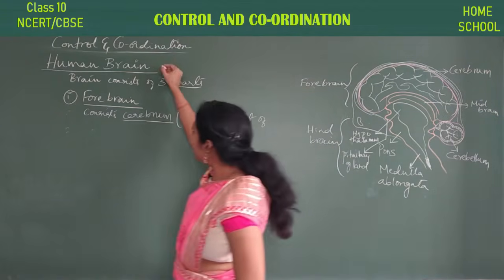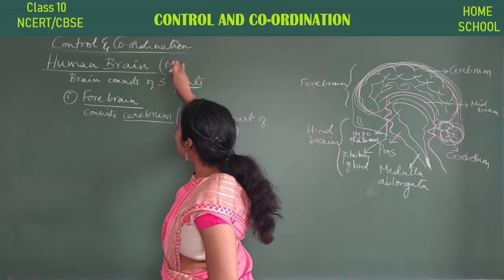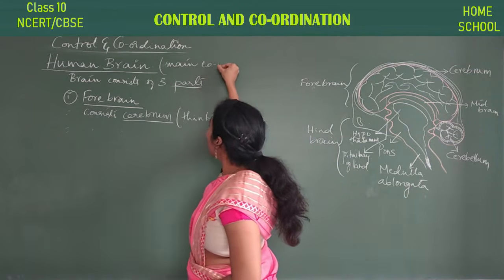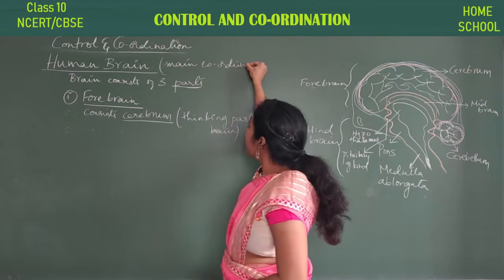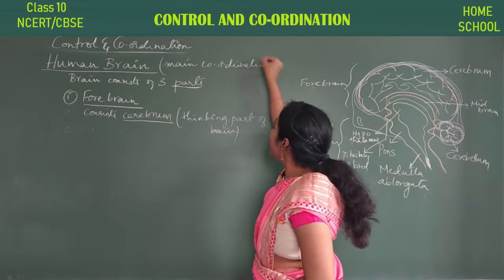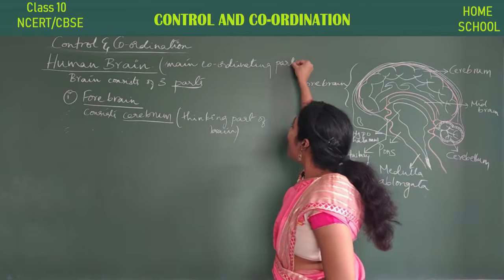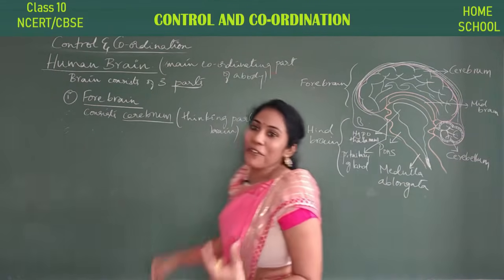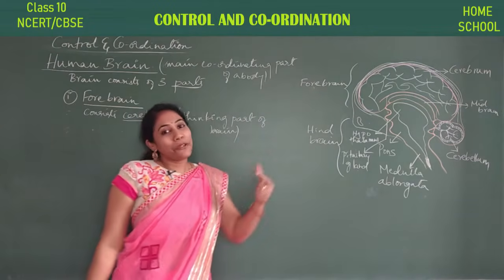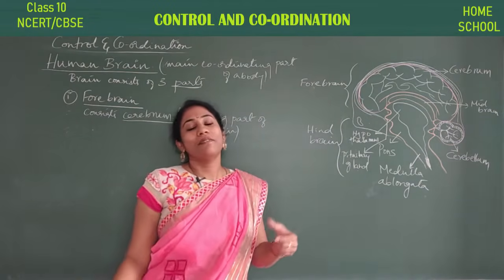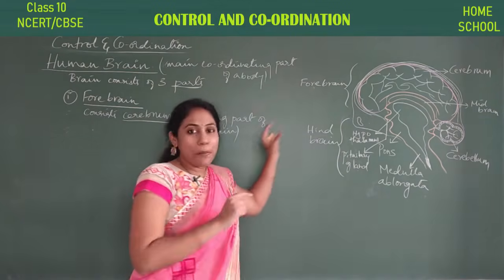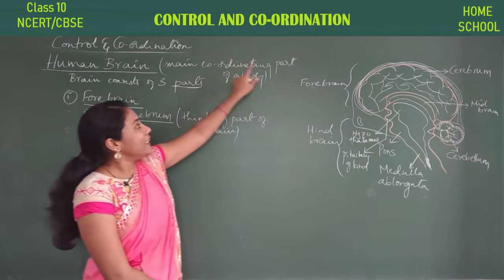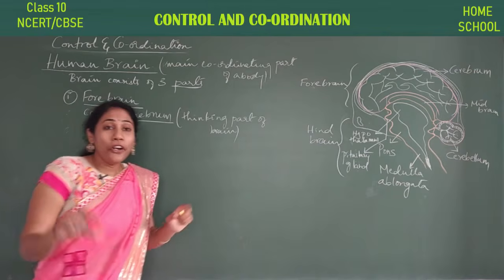And what actually is the brain? The brain is the main coordinating part of the body. Most of the things are managed by this particular brain. That's the reason the brain is called the main coordinating part of the body.